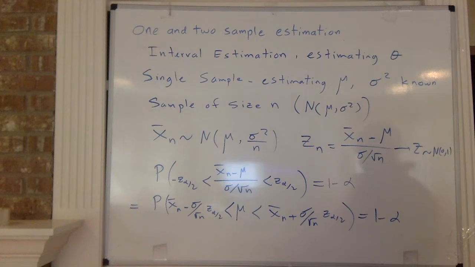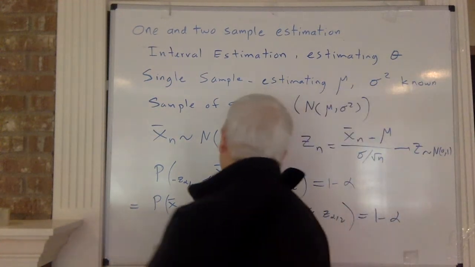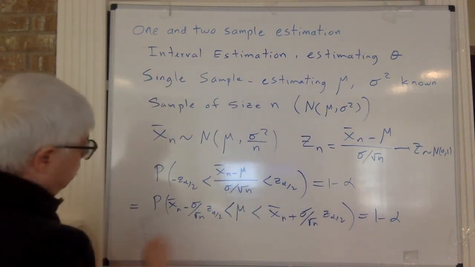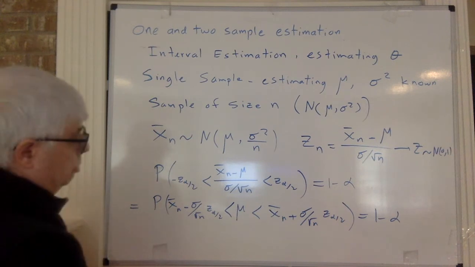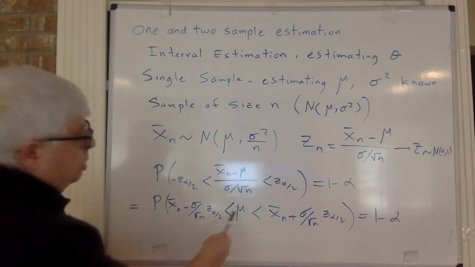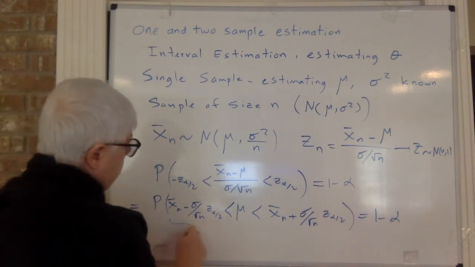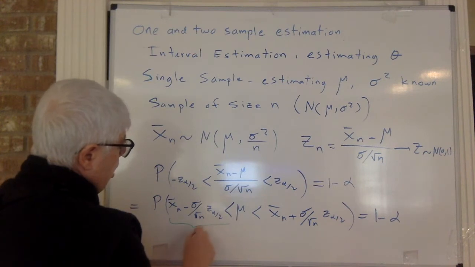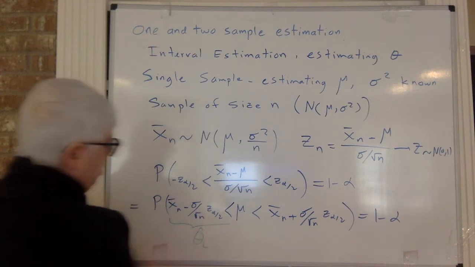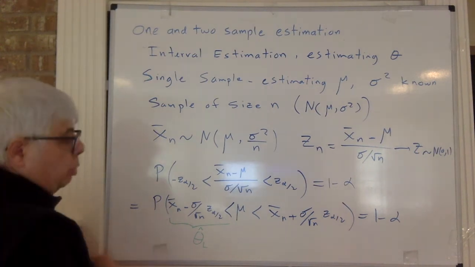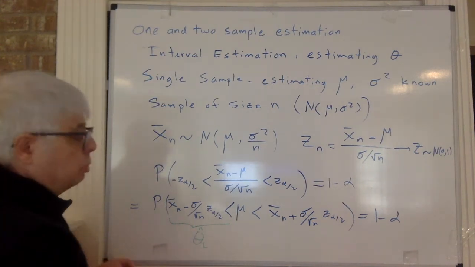So, this is like a theta, so this is what I'm estimating, and you see that I have written a statement: the probability of this thing in the middle being bigger than a lower bound and less than an upper bound. You see that the lower one, theta low, is a random variable. X̄n is a random variable, minus something.